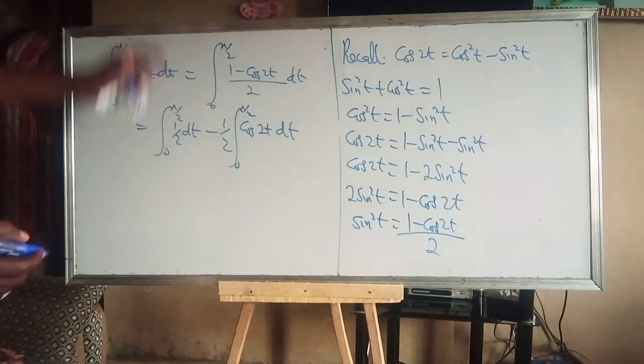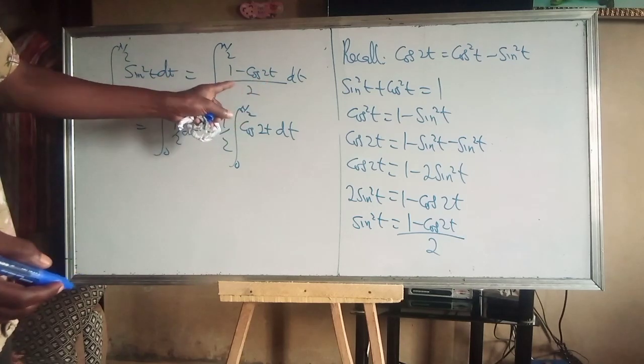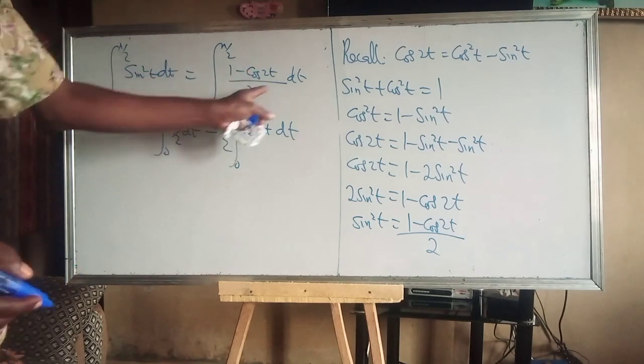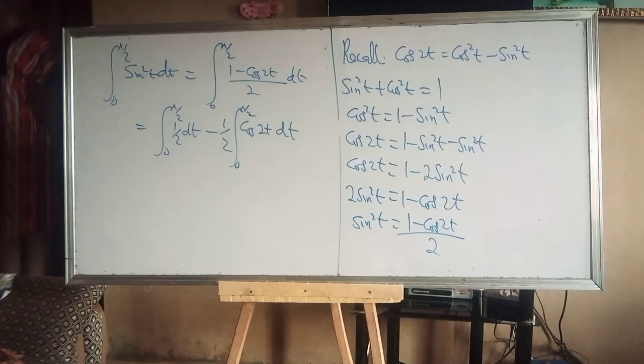I've split this: 1 minus cos 2t over 2 is 1 over 2 minus half into cos 2t. Okay? I hope you are following.